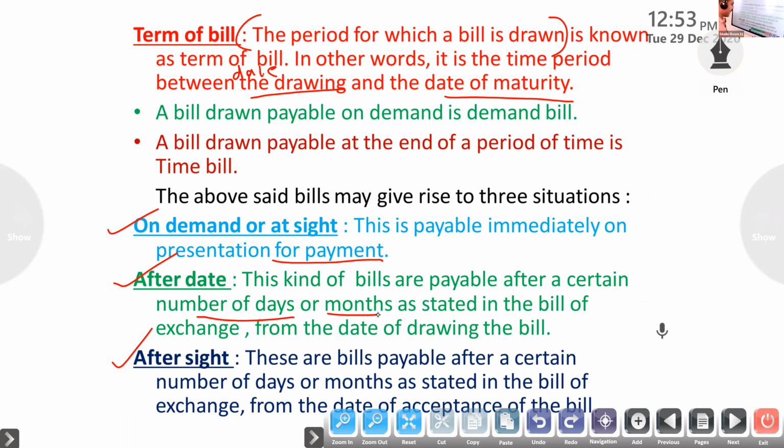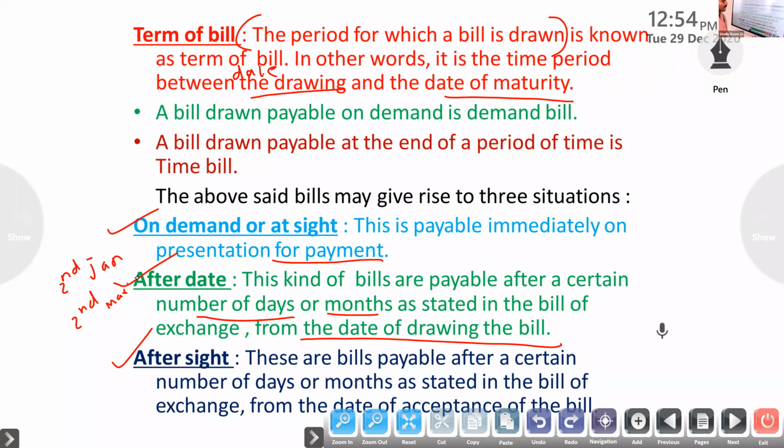After that, they have to give. So, as stated in the bill of exchange, from the date of drawing the bill to the maturity date. Suppose the date of drawing is 2nd January, and the term is 2 months. So 2 months means February, March 2nd.